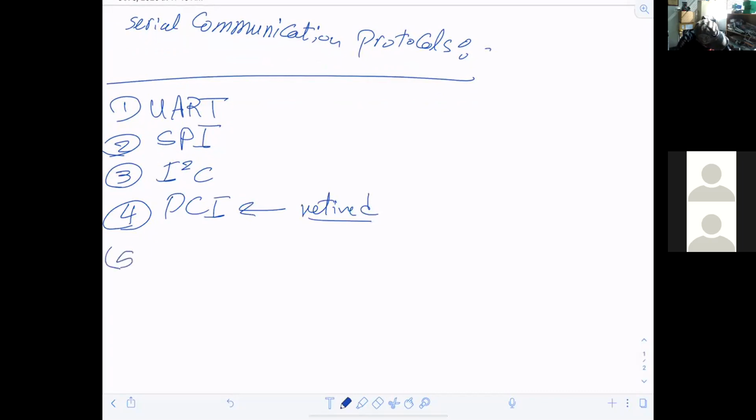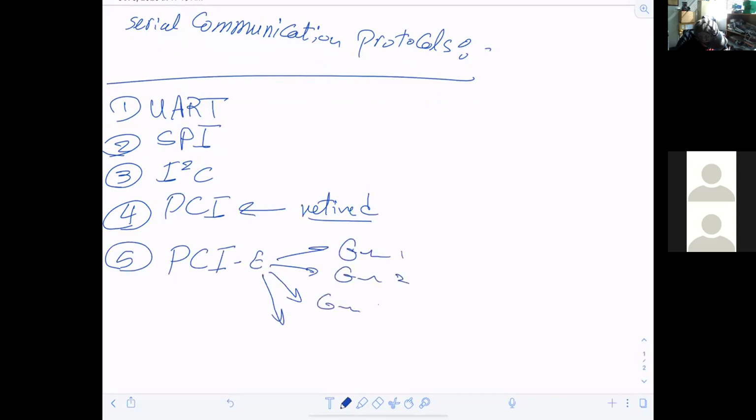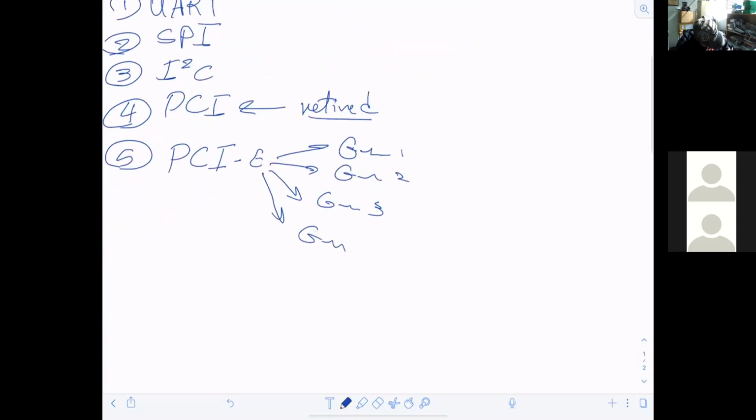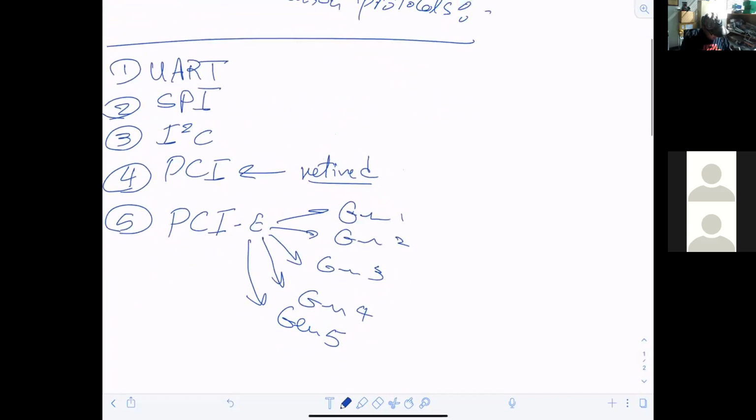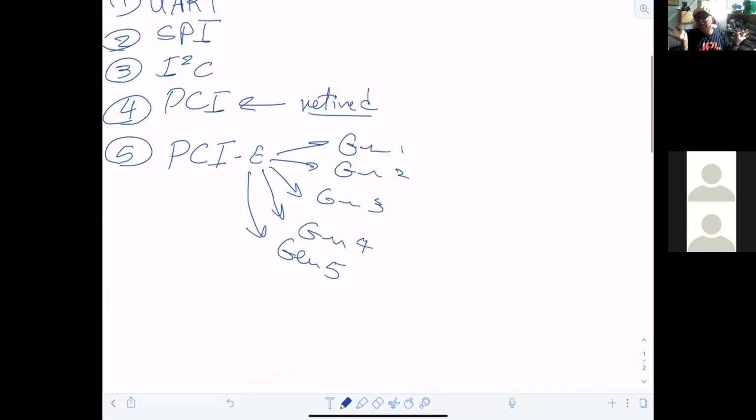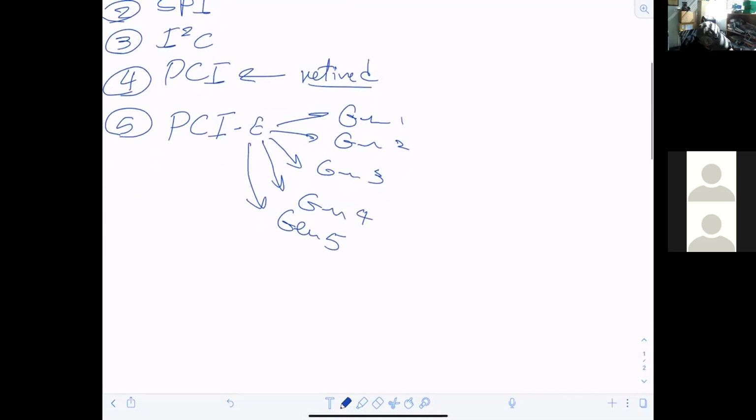Then 5, you can find the PCIe, and those of generation like Gen 1, Gen 2, Gen 3, Gen 4, Gen 5. Okay, and then whatever you can build like this 7-segment display, Ethernet also.